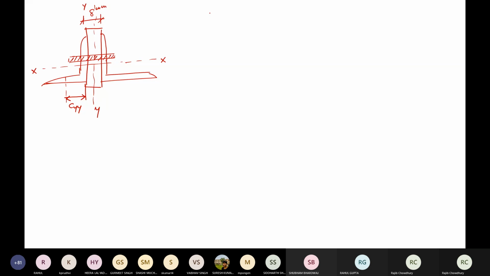So what is the total length of the member? The total length of the member, as we have assumed, L was 3.0 meter. So it becomes 3000 mm. Okay. So effective length, how much would it be?